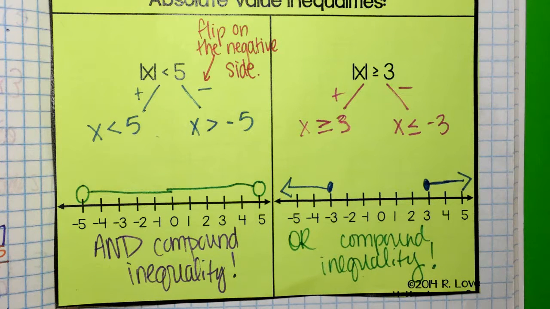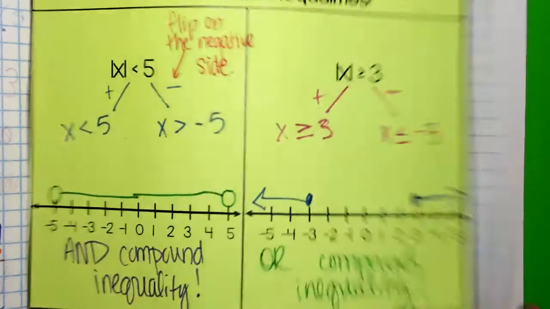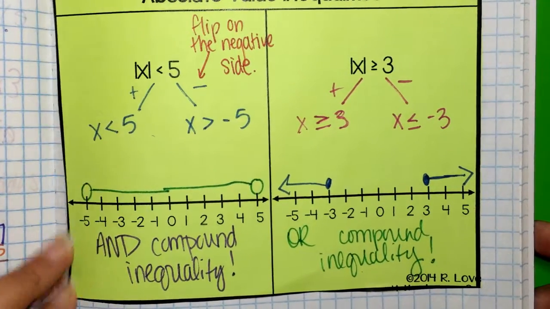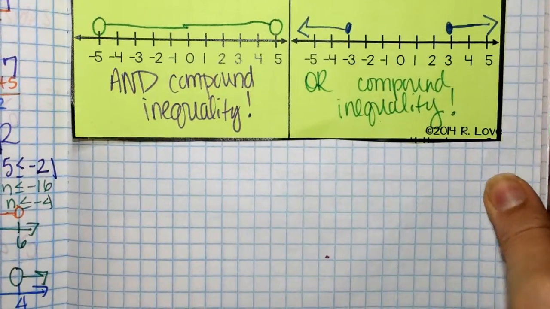So before we go any further, we're just going to practice 2 more of those. That way we make sure we completely understand what we're doing. Dos más. Ready? No, then we're not going to the house.